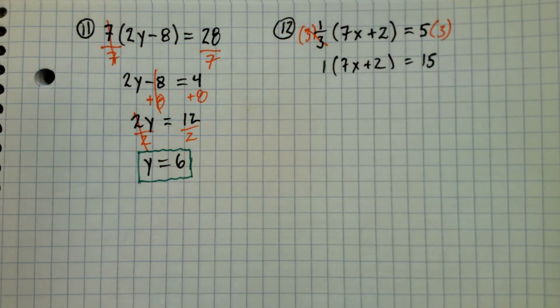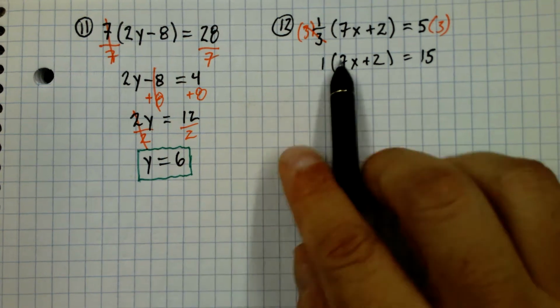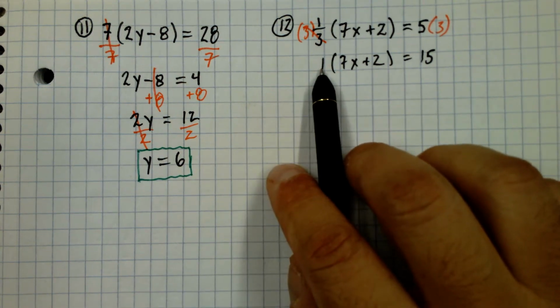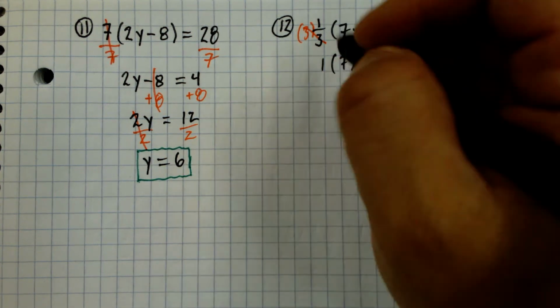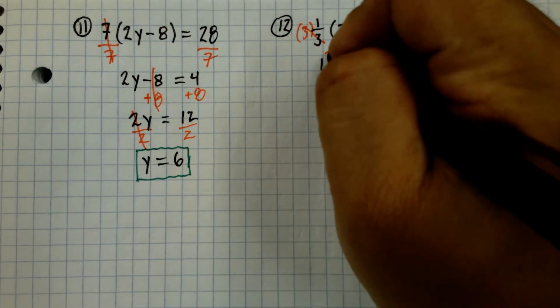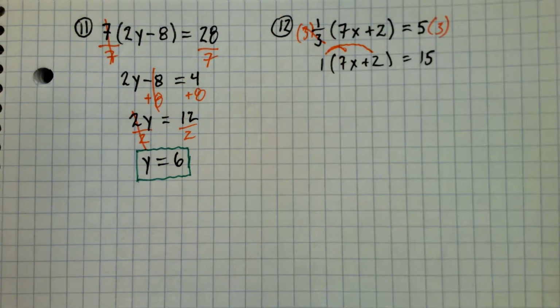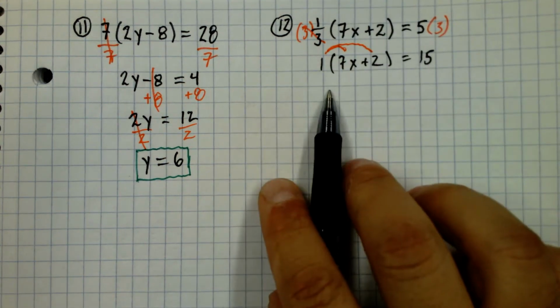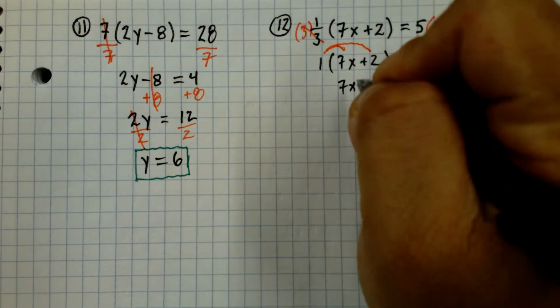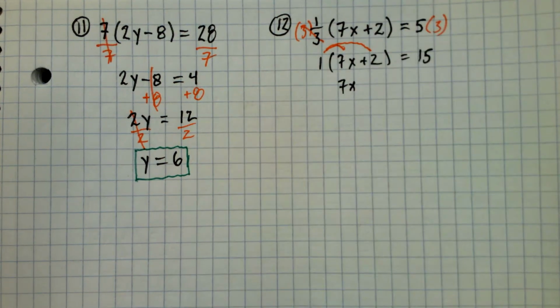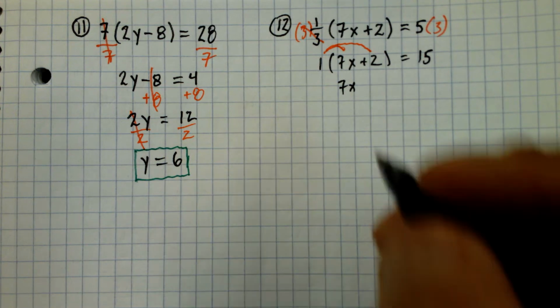Okay? Now, this is a 1, right? I could distribute the 1 just so it goes away. I really didn't have to, but it won't change anything, so why not? Take a look. What's 1 times 7x? 7x. What's 1 times positive 2? 2.